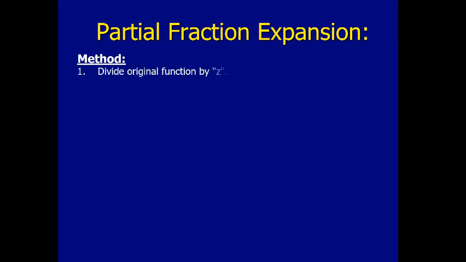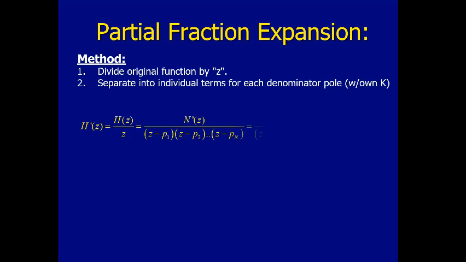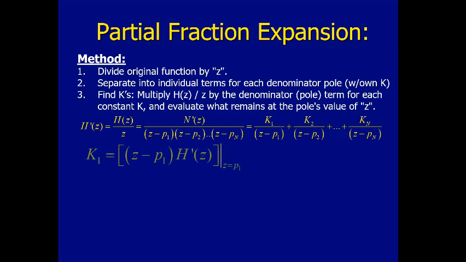So the basic method: take whatever it is you're going to inverse transform by partial fractions, take a z out of the numerator and put it away. Then we can write down the partial fraction terms based on factoring the denominator of the function we want to transform to find all of its poles. Give each pole an individual partial fraction term with an unknown coefficient in the numerator.